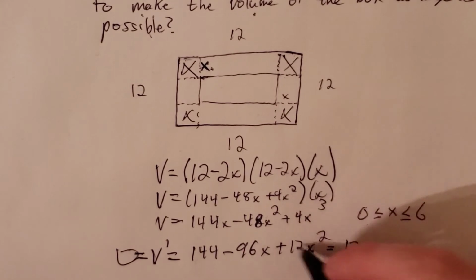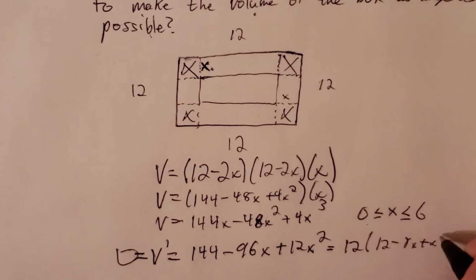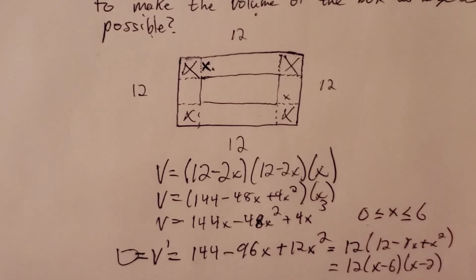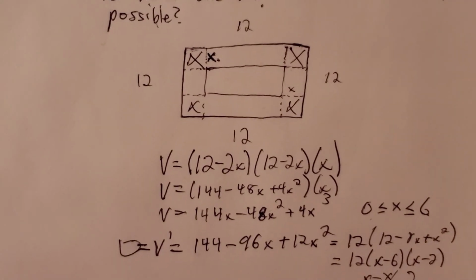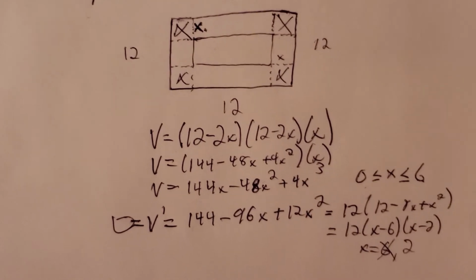We can factor out a 12 here, and we get 12 times x minus 6 times x minus 2, from 12 minus 8x plus x squared. Except 6 is not inside our interval. It is at the endpoint, but we're already going to take care of that, so we don't need that value of 6. We're already going to plug it in as an endpoint anyway.